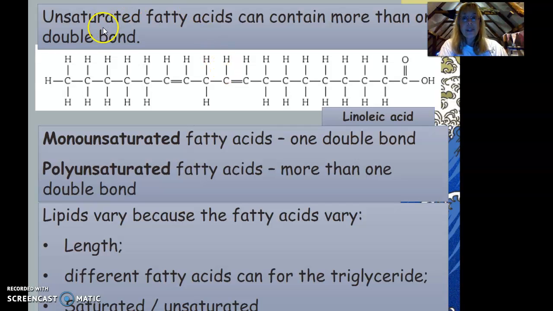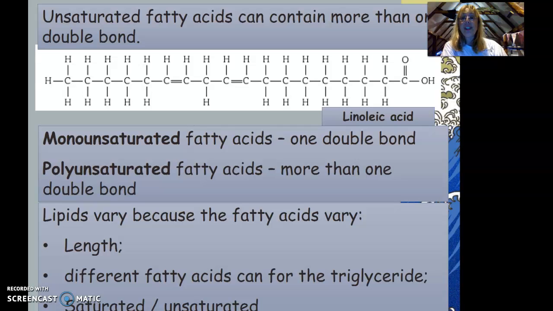So this over here is an example of an unsaturated fatty acid, because it's got 1 or more double bond in it. If it's got 1 double bond, we call it a monounsaturated fatty acid, and if it's many, it's a polyunsaturated fatty acid. And that's why often on tubs of margarine they'll say high in polyunsaturated fats.